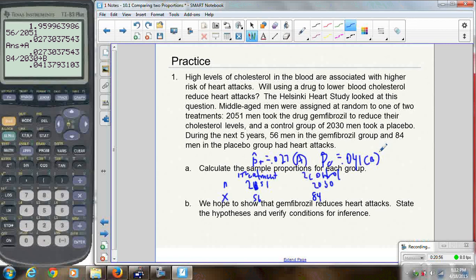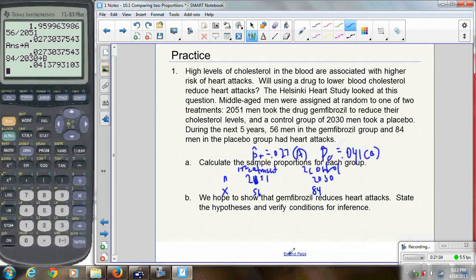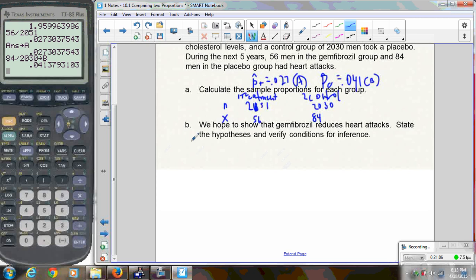In part B it says, we hope to show that gemfibrozil reduces heart attacks, state the hypotheses, and then verify the conditions for inference. So my null hypothesis is going to be that there's no difference between the two proportions. Like I said, you can either say that your proportion for your treatment is equal to the proportion of the control, or you can say that P sub T minus the proportion for the control is equal to 0.